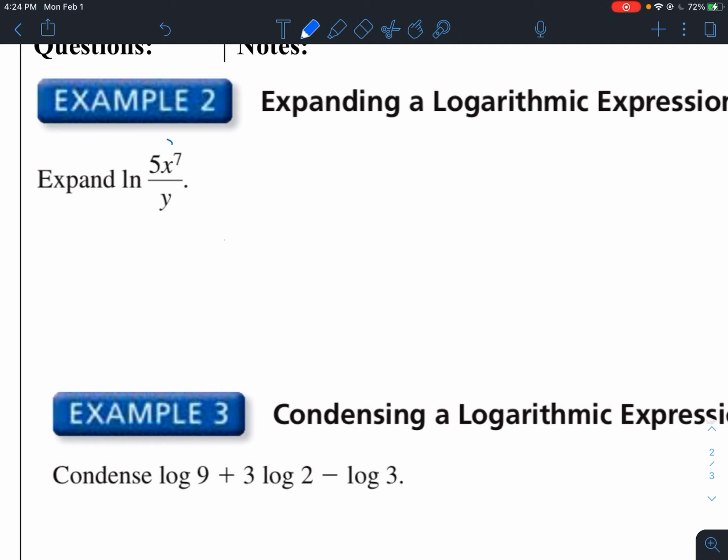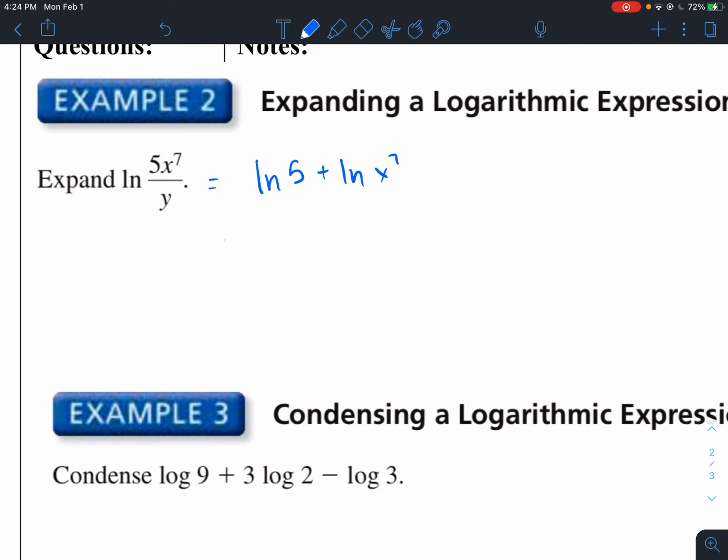Anything that's in the numerator and being multiplied means that you're going to use the product property, but anything that's in the denominator means you're going to use the quotient property. So let's see if we can expand this out. I'm going to change this to the natural log of 5 plus the natural log of x to the 7th.